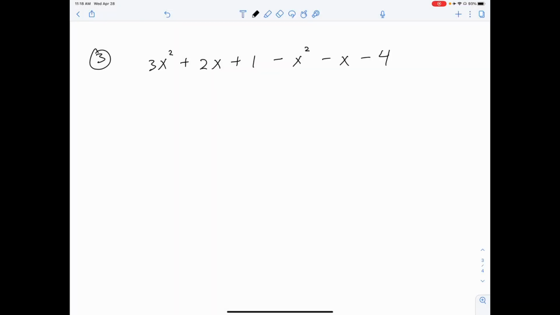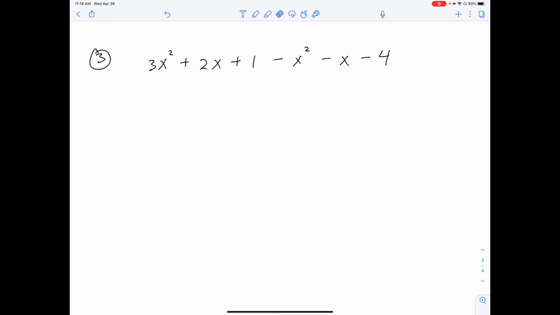Now let's take a look at a more complex question. We have 3x squared plus 2x plus 1 minus x squared minus x minus 4. First of all, let's draw out what we see, and then we'll try to simplify it by explaining using zero pairs.